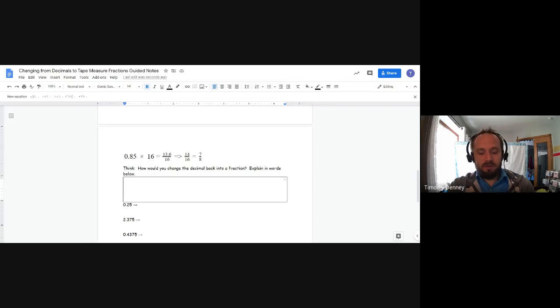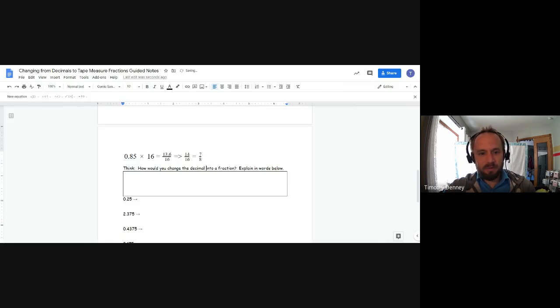How would you change the decimal into a tape measure fraction? Okay. You multiply the decimal by the level of precision. I'll just say by the bottom number. Okay, we'll go real simple here.